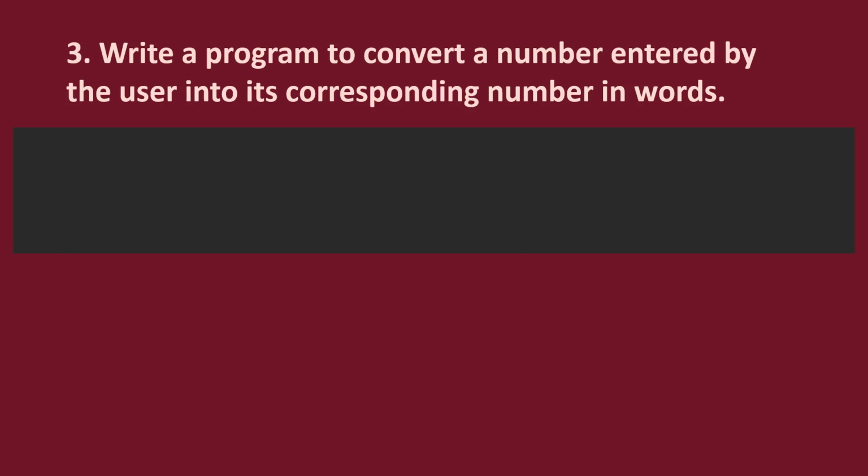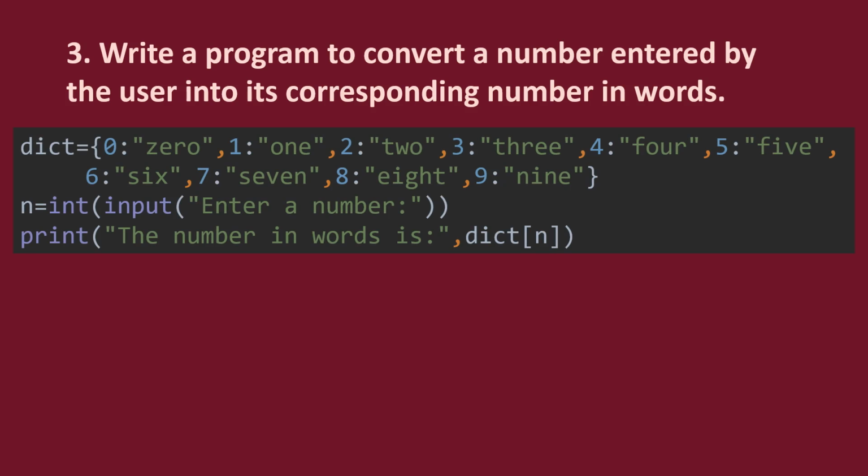Now write a program to convert a number entered by the user into its corresponding number in words. So you can see this is a very simple program. First of all, you have to create a dictionary where all the numbers are the keys and the corresponding words are their values. So 0: zero in words like this, 1: one like this, taking the values from 0 to 9.